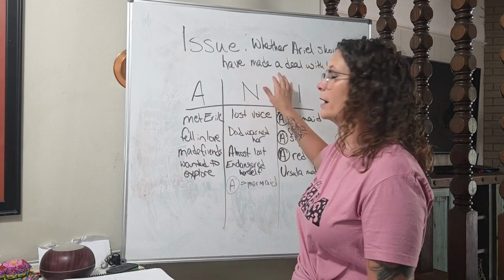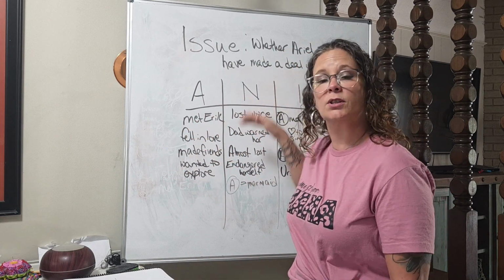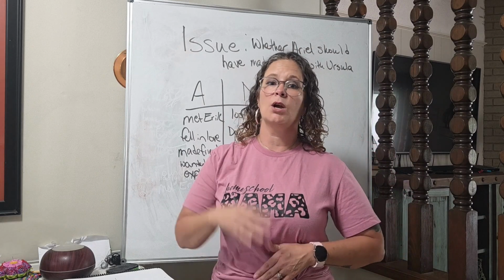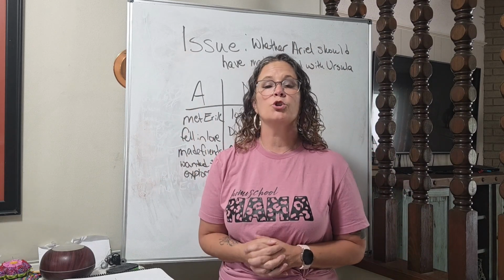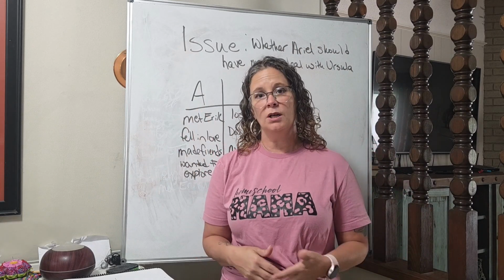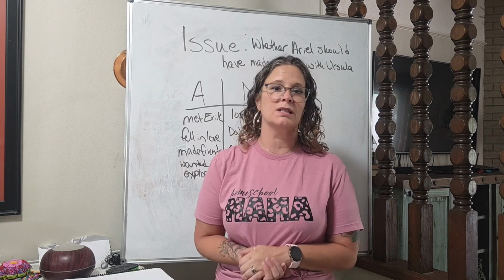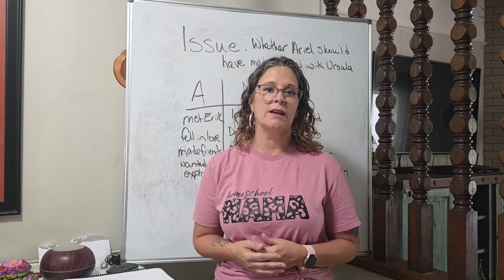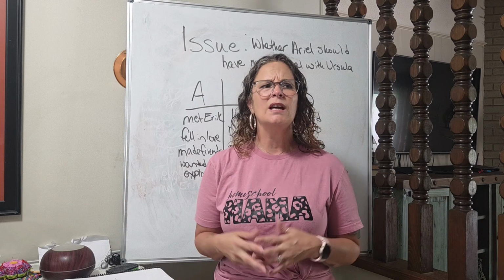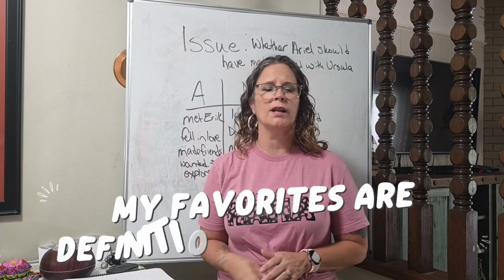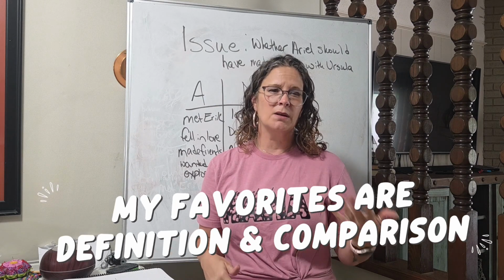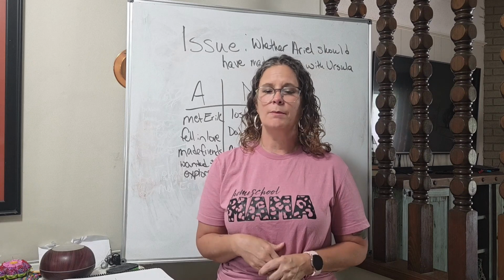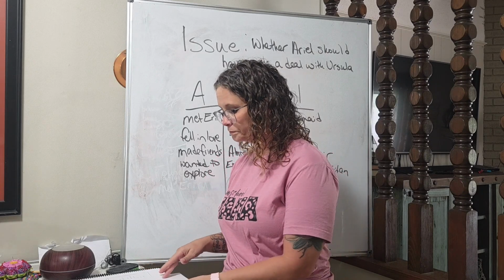Maybe last time we compared Ariel and Ursula, this time we could compare Ariel and Triton. So choose additional people or terms to compare. That's just a tip. If your student's really struggling to get that finished, go back and rework some of those. My favorites are the definition and the comparison because they really lend themselves to pulling more information out.